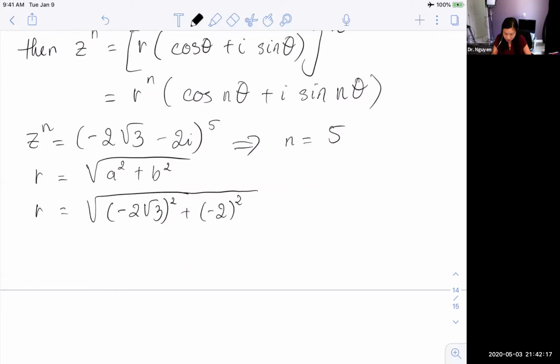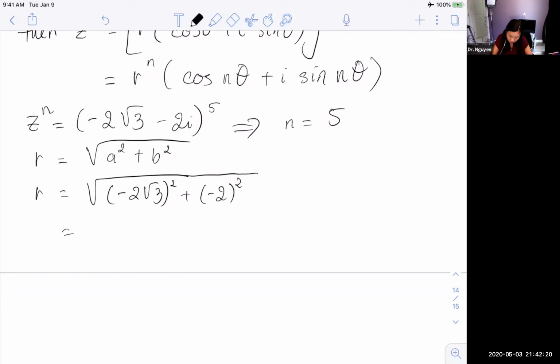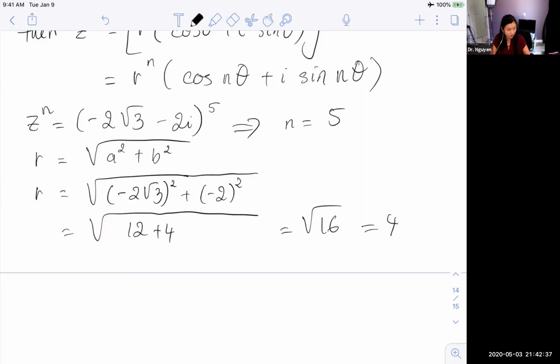Okay, so if you do the math, -2 squared is 4, 4 times 3, because radical 3 times radical 3 is just 3, right? So 4 times 3 is 12. So I have 12 plus 4, which is 16. Square root of 16, which is 4. Perfect. So r is just 4.